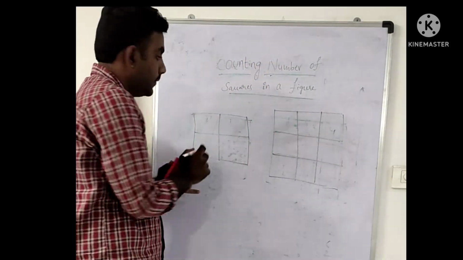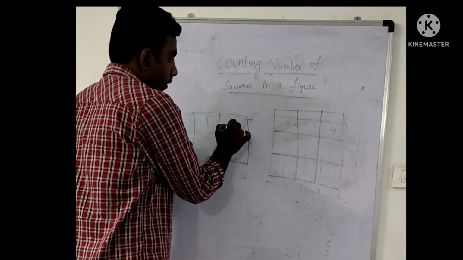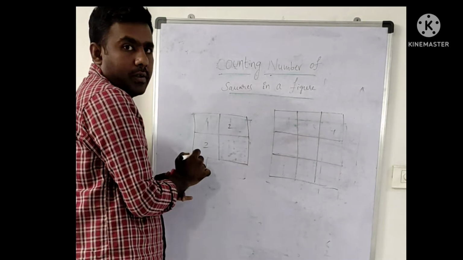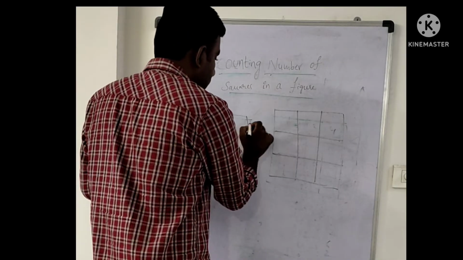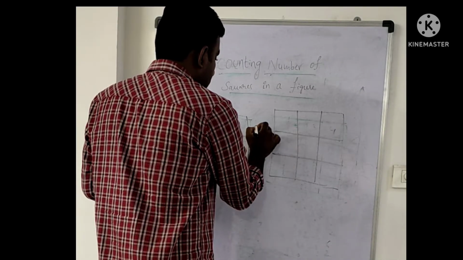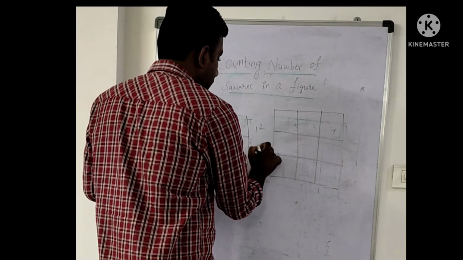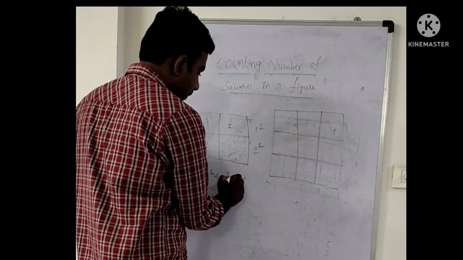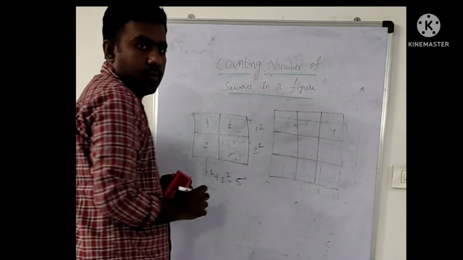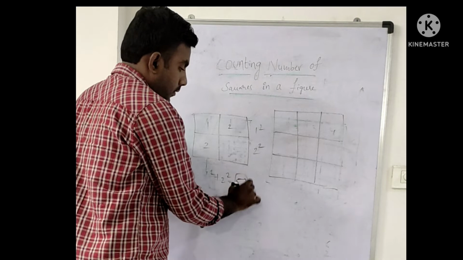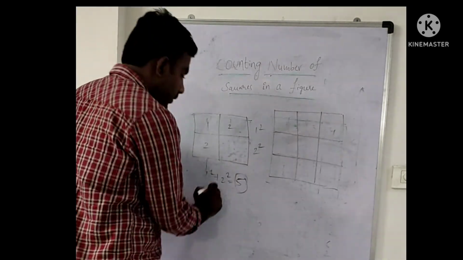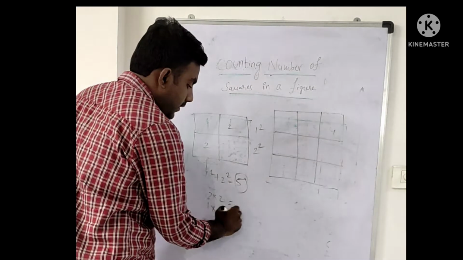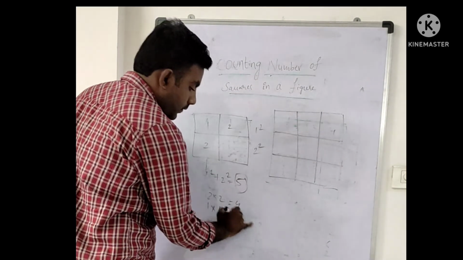In this case, the number of columns is 1, 2 and the number of rows is 1, 2. Here 1 square, 2 square, means 1 square plus 2 square is nothing but 5. Otherwise, 2 by 2, 1 by 1. Here also you get 5.